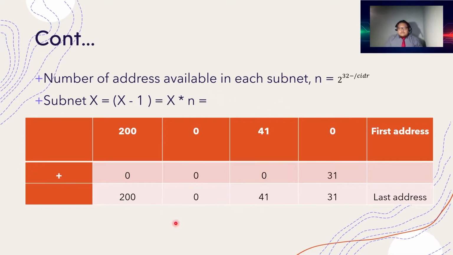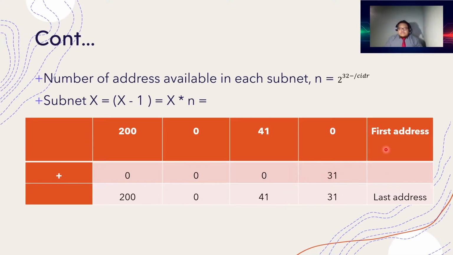So in the table below here, as we can see, there are 3 rows also: the first address, the last address. The middle one is actually the wildcard. As we know, the wildcard is added into the first address, and from the result of the addition, we are going to retrieve the last address.